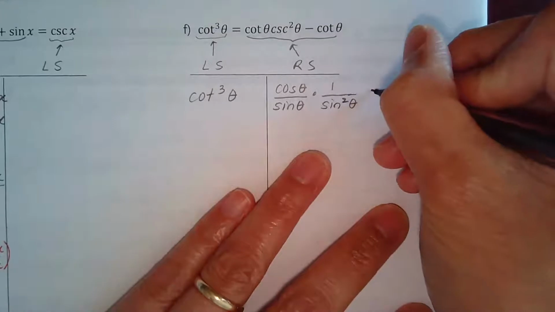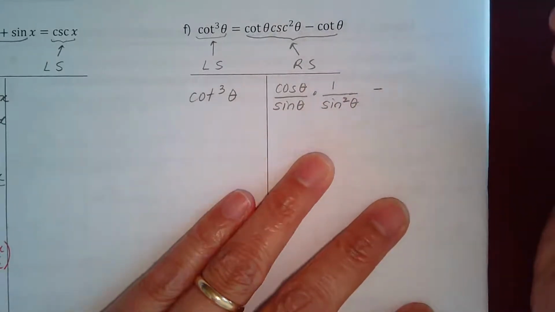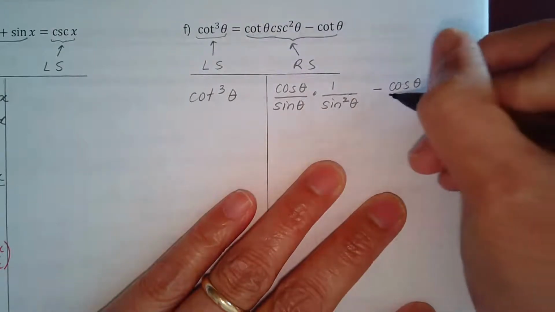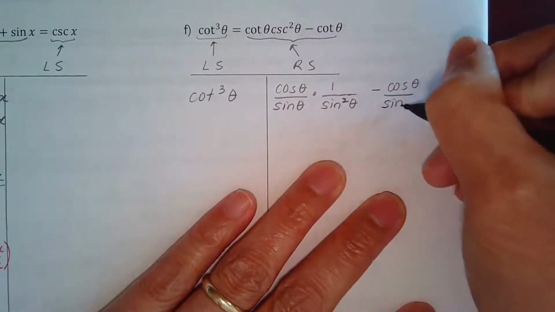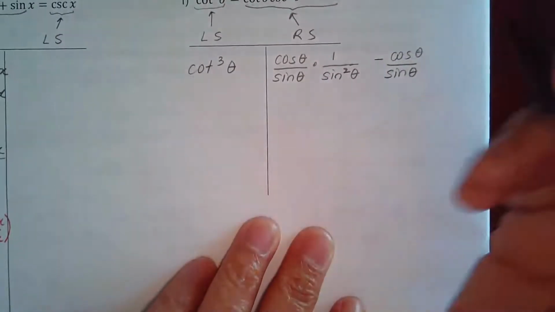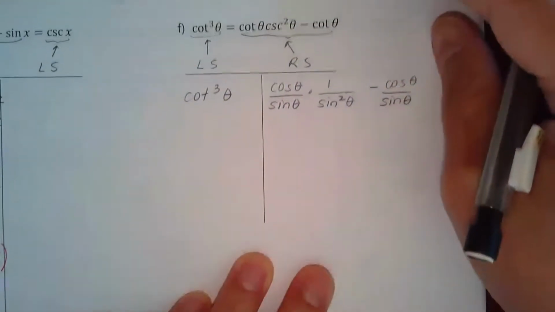Okay, and then minus another cotangent. Another cotangent would be cos theta over sine theta. Okay, so this part, oops, you can't see that, sorry.